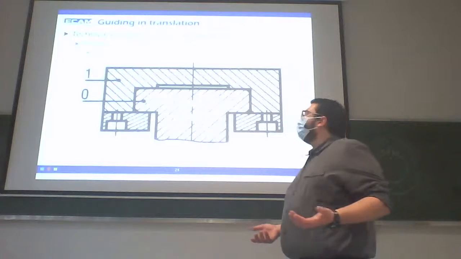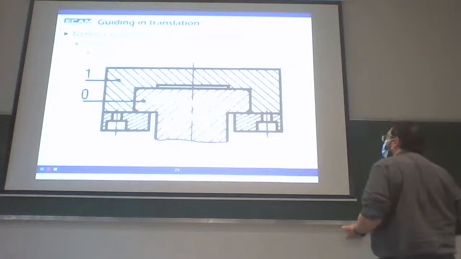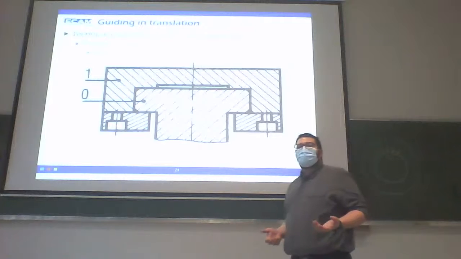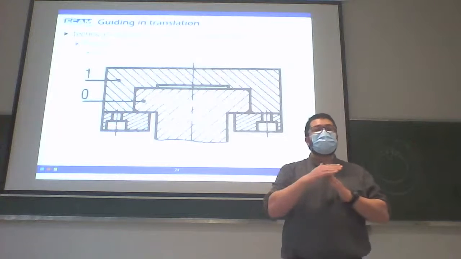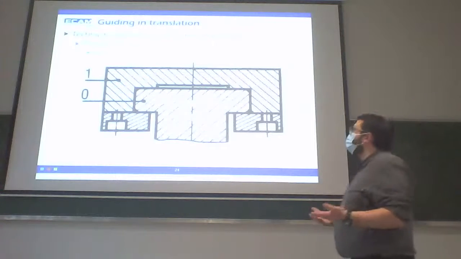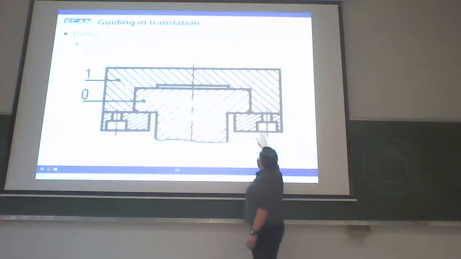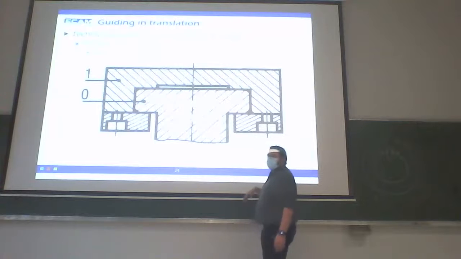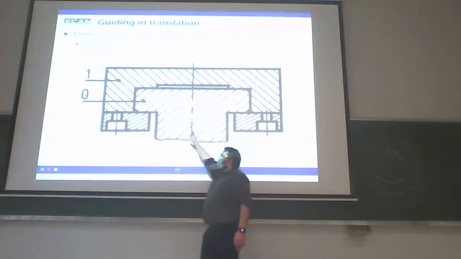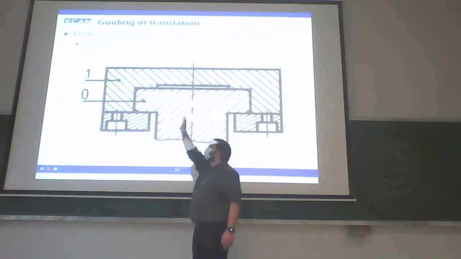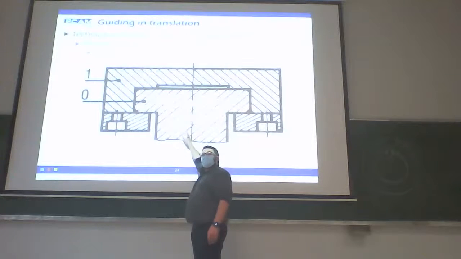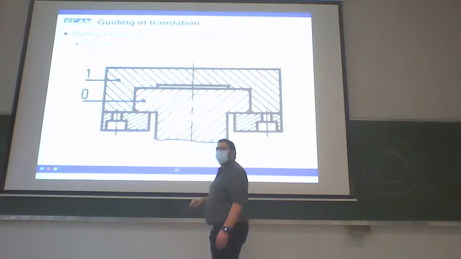You have two parts, 0 and 1. The shape of 0 is a T. We have the same shape inside 1, plus an additional part screwed on 1. And part 0 will slide perpendicularly to the screen inside 1.